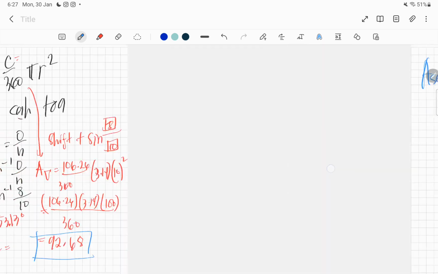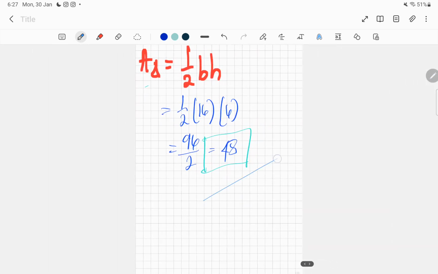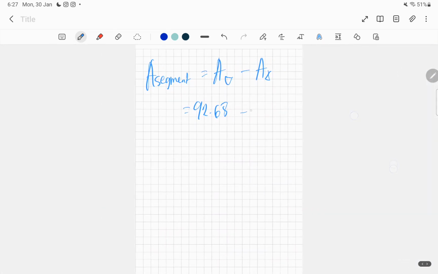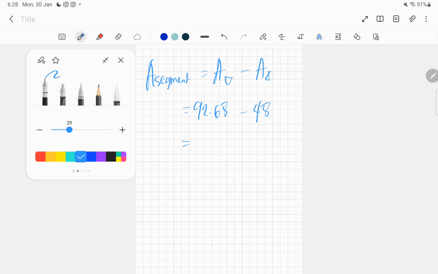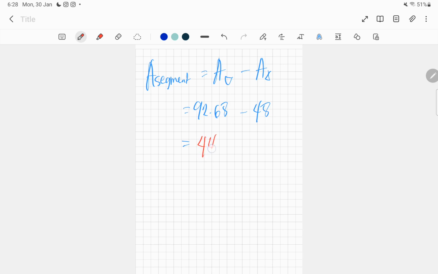Ang triangle natin is 48. So 92.68 minus 48 is equal to ilan? 44.68. Tama ba? So that will be your final answer.